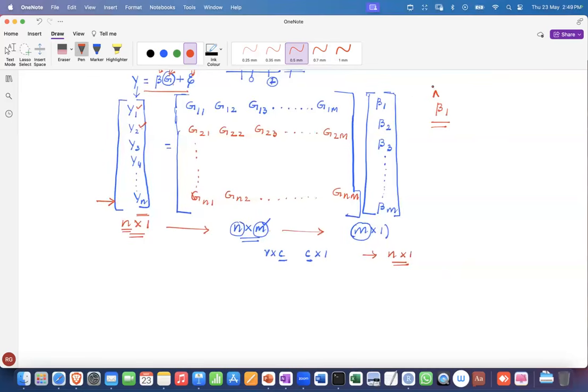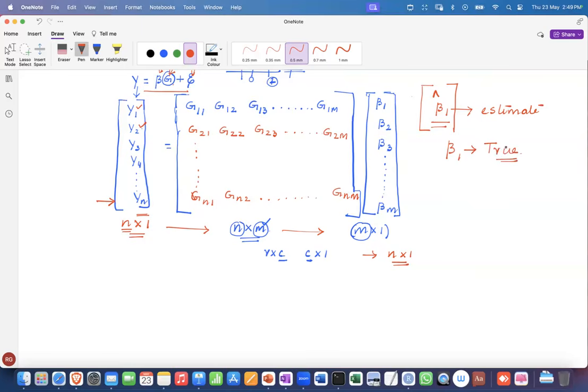Because all of you who want to do genomic analysis should understand this. If you have a hat written on it, it is called an estimated effect. And if you don't have a hat written on it, it is called a true effect.